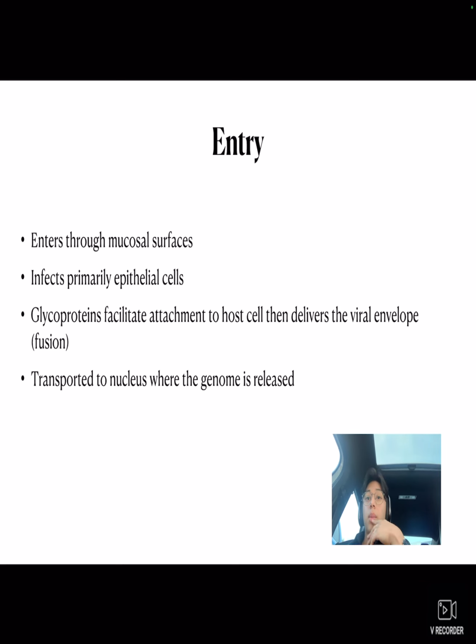So first off, you have your entry, which, like I said, goes to the mucosal surfaces, and then it'll infect mostly your epithelial cells, the outside layer of your cells. The glycoproteins attach to the host and then fuse with the cell membrane and deliver the genome, which then goes to the nucleus of the cell.